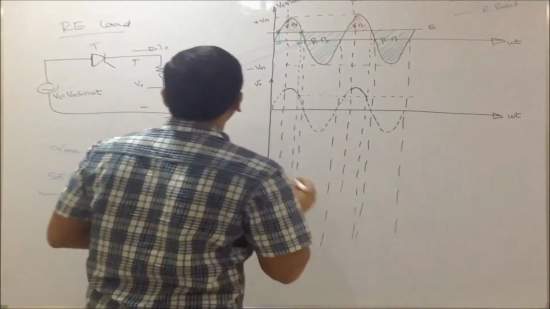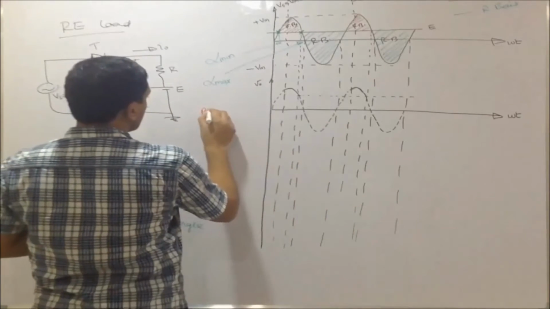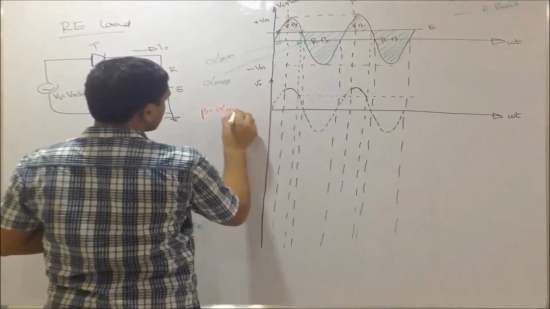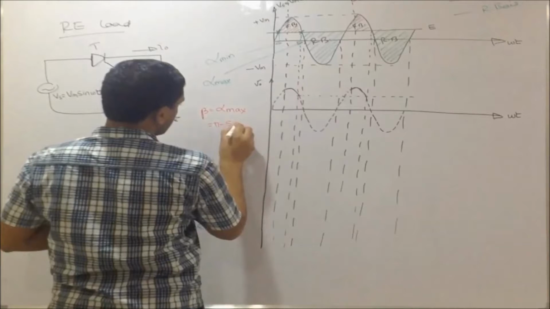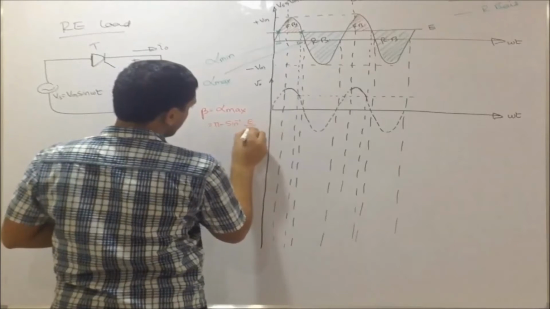So here my beta is alpha max, that is pi minus sine inverse E by Vm.